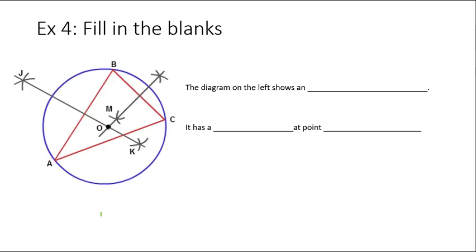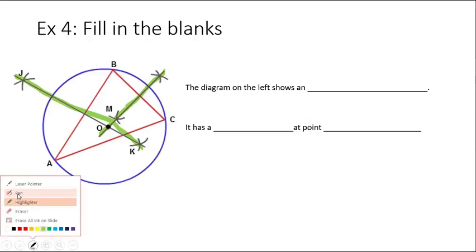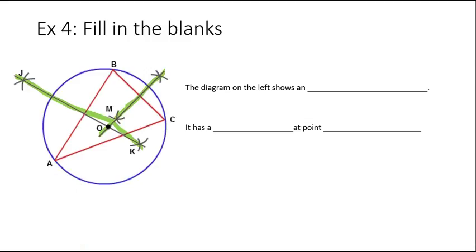Okay, let's get to example 4. Again, you're going to fill in the blanks. So here, the diagram on the left shows, okay, if you notice, these two segments right here are going through a side of the triangle, which means they form a 90-degree angle there.